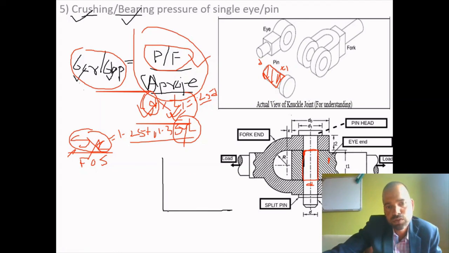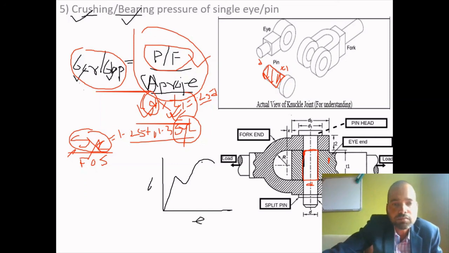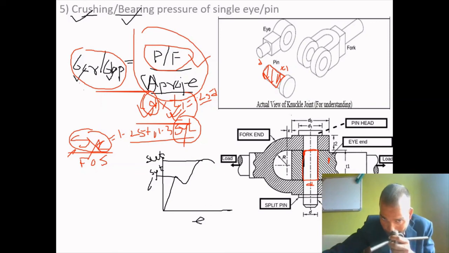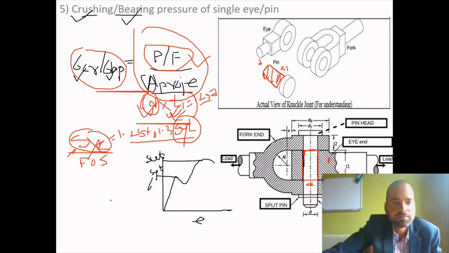We know that this is called the stress-strain diagram, from the basics of strength of materials. This point is called the ultimate tensile strength. This point is called the yield strength in tension. Now for the safety of the design, as I have said, allowable stress has to be greater than the calculated stress.